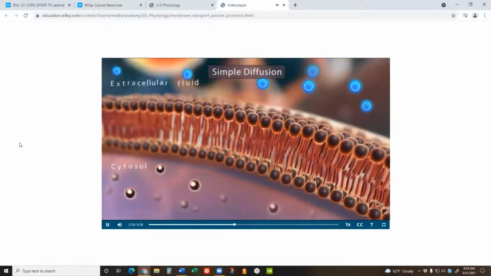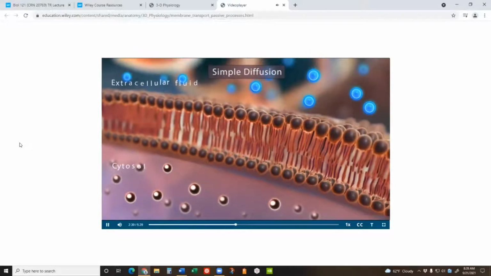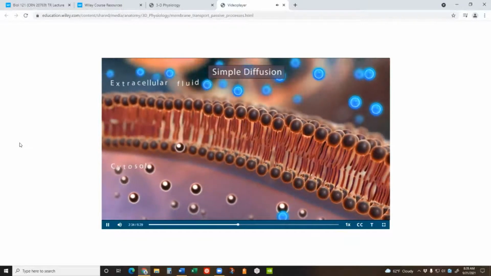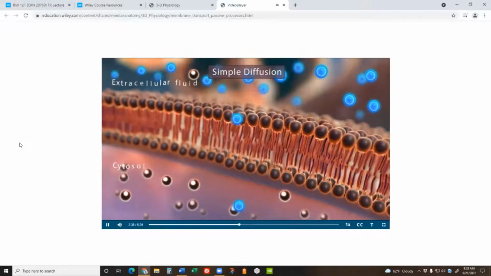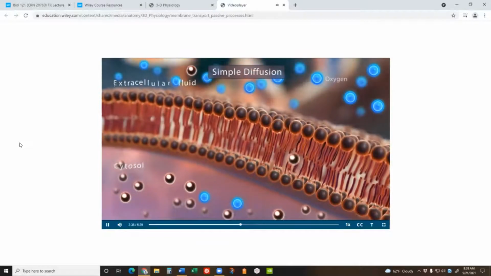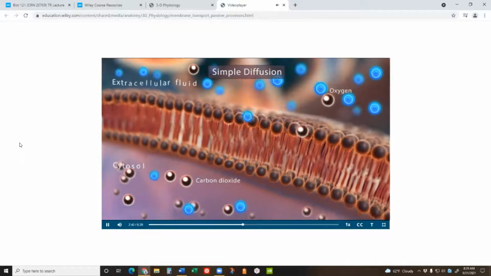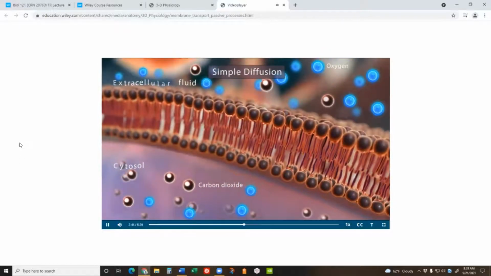Simple diffusion is a passive process involving unassisted movement across the plasma membrane. Non-polar substances and small uncharged substances, such as oxygen and carbon dioxide, pass through the phospholipid bilayer with little resistance.